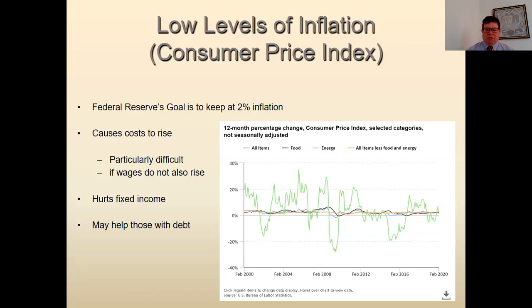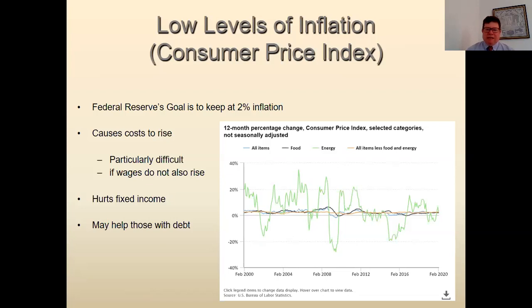If you see in the bottom right-hand corner here, because food and energy fluctuate so much, and you really see the price of energy fluctuates an enormous amount. Just understanding right now, the prices of gas have plummeted because of the lack of demand. You'll see that bumps around a lot. Oftentimes, they'll pull out food and energy as a measure of inflation because that creates a more stable index.